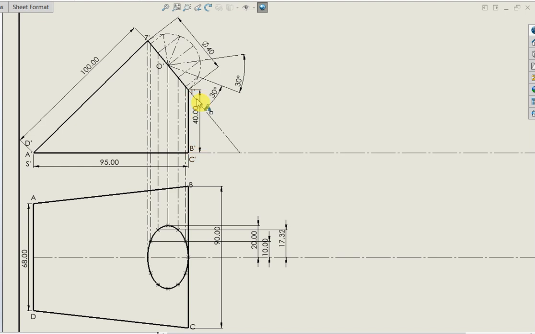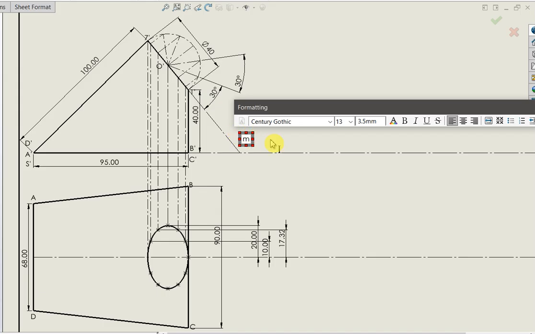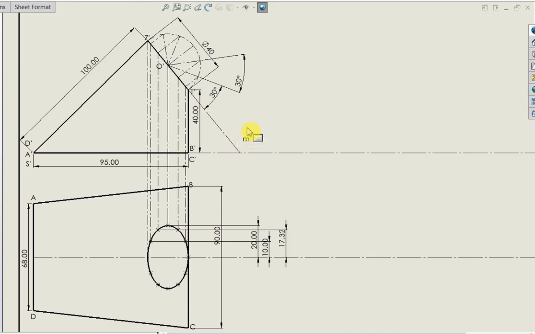So the plane passing through the upper base and the plane passing through the lower base will meet at this point. I can call the point M. So I'll call this point M.